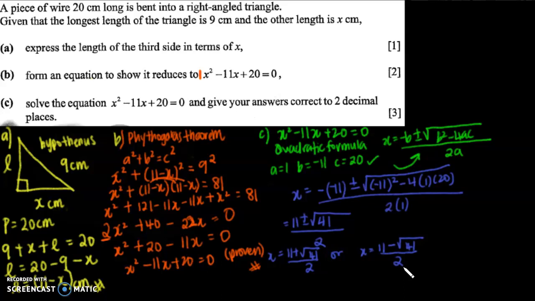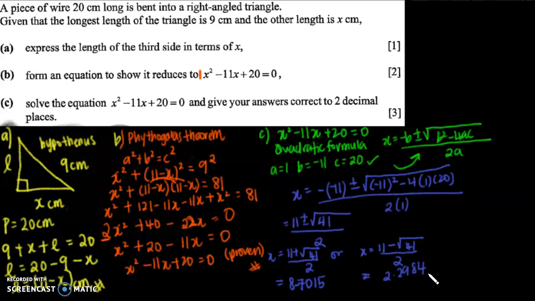That gives you a positive number, 8.7015. There are several values, but let's just take a few of them. For this side, we have 11 minus the square root of 41, divided by 2. This gives you 2.2984.